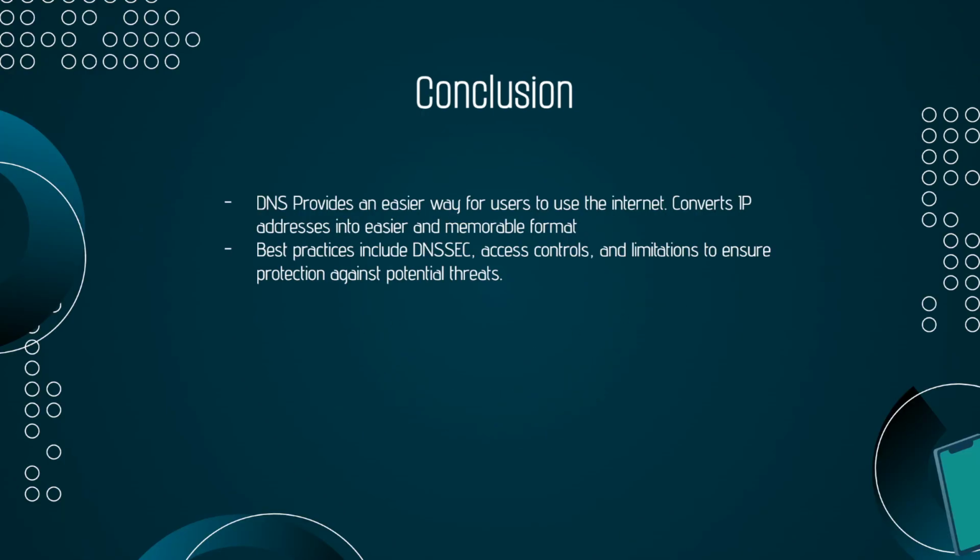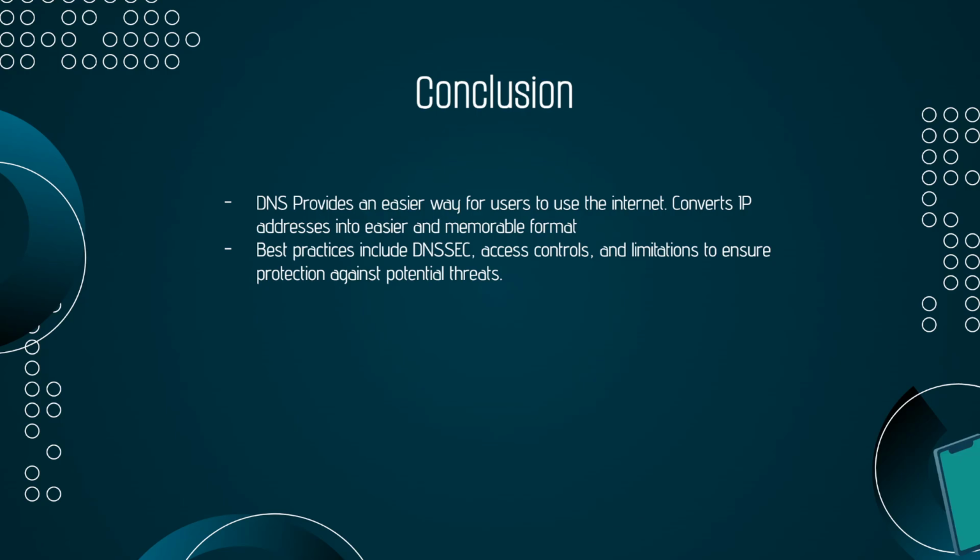So to conclude, IMAPS and DNS are two pieces of technology that play a major role in securing email communication and internet navigation. Proper configuration is essential to prevent cyber threats such as DNS spoofing, man-in-the-middle attacks, and unauthorized access. For IMAPS, implementing strong SSL and TLS encryption, enforcing access controls, and regularly updating software are key security features.